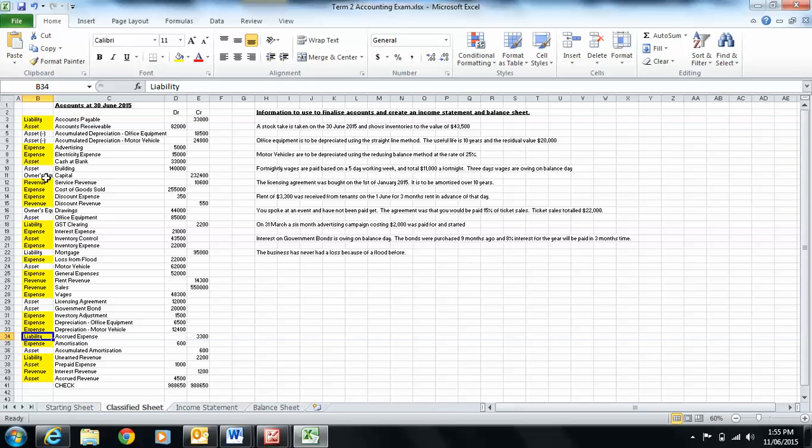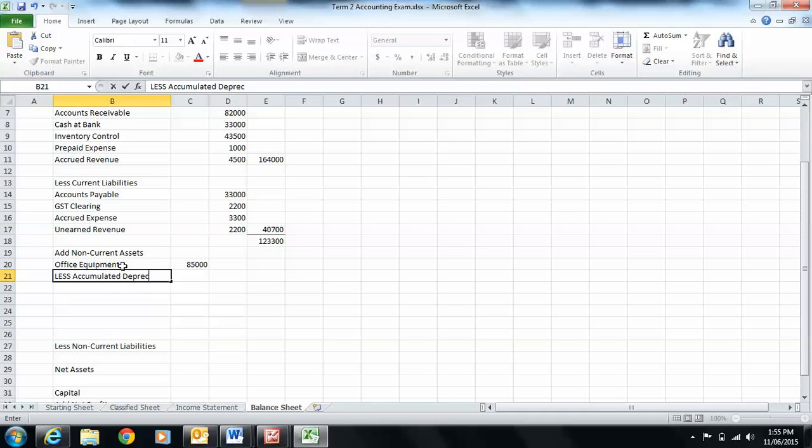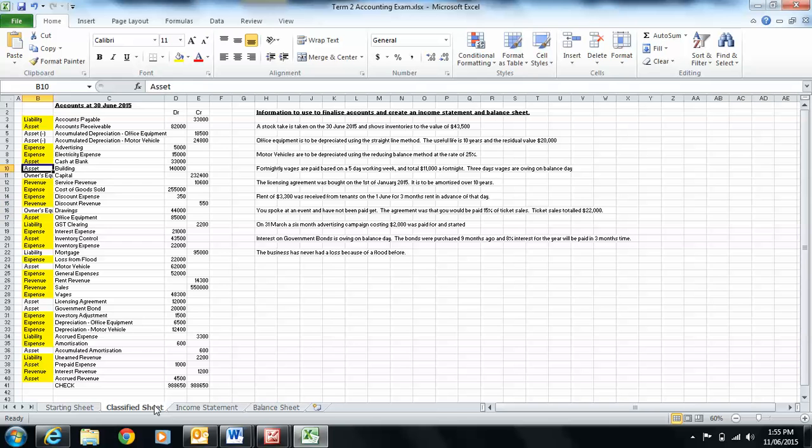Let's start with the office equipment. So we've got an asset, office equipment, of $85,000. There we go, non-current asset office equipment. And it's $85,000, but it's got to be less accumulated depreciation, because that takes into account the amount that it has fallen in value over time.